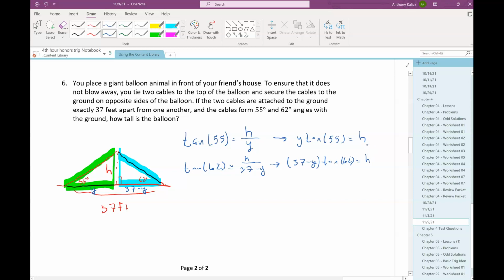I notice that both of these equations are equal to h. So to solve them, I can just set them equal to each other. Along the way, I'm going to go ahead and distribute that tan 62.